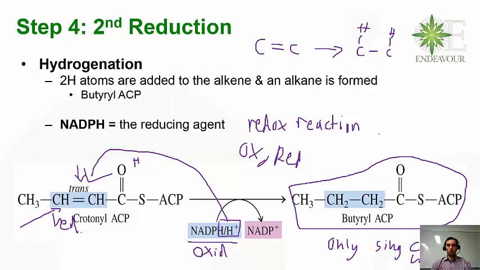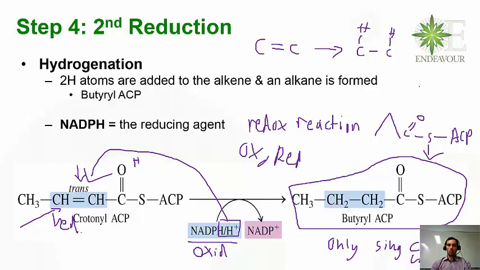So if I drew this in the line diagram, remember each point on this line represents a carbon. So we'd have carbon 1 going to carbon 2 and then carbon 3, and then we've got our C double bond O S ACP. So this is another way we can represent the butyryl ACP.